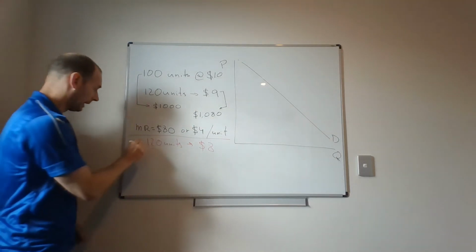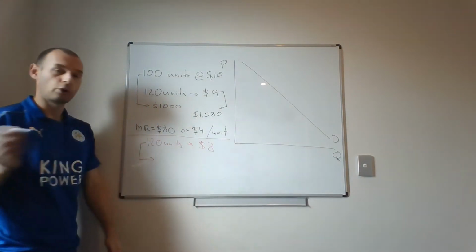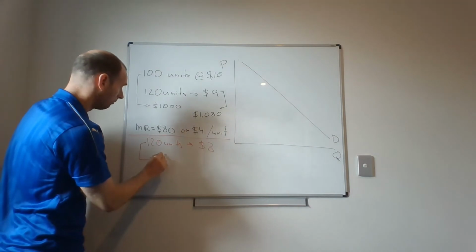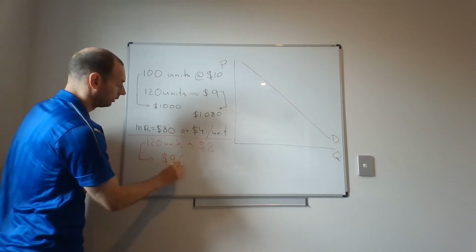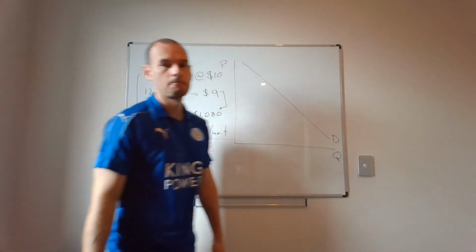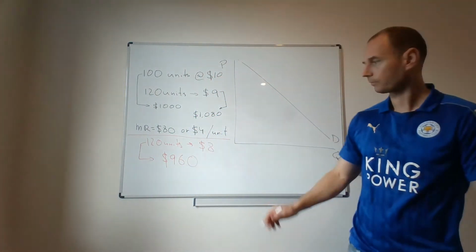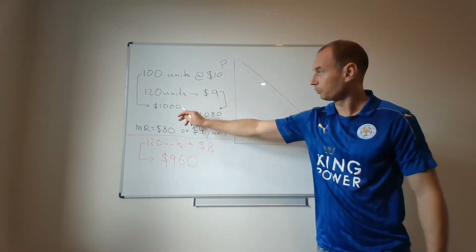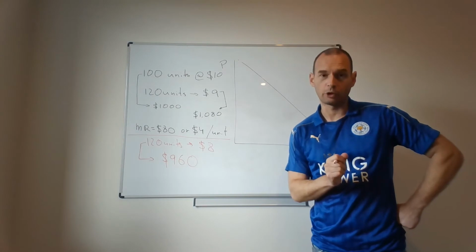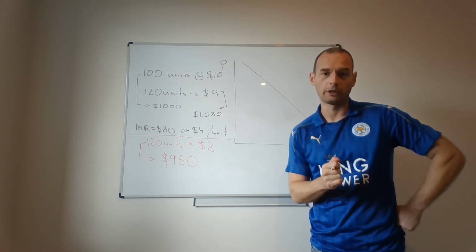In that case, and again, I did my calculation prior to recording the video, my revenue will be $960. So I will actually be at a -$40 or -$2 per unit.